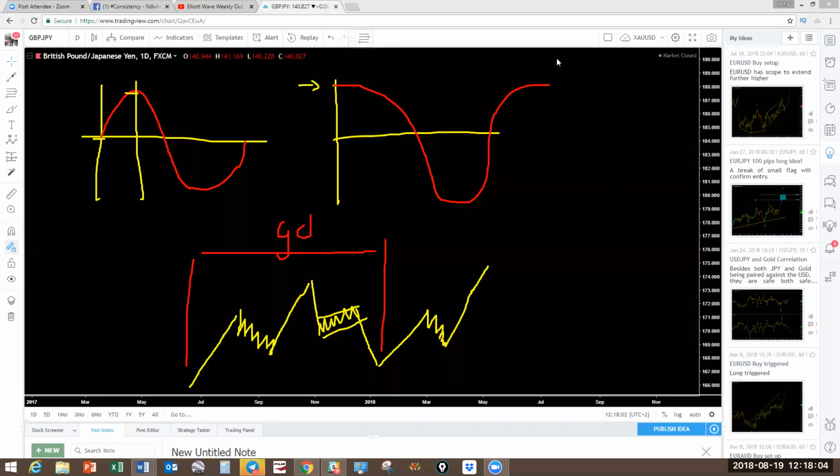And what you have essentially done here, I hope this helps you, I'm going to take this off here. With this move that I've shown here, what you have now is a motive wave, a correction, and another motive wave. And what you have here is 1, 2, 3 waves. And that is your cycle, and then a new cycle is starting.